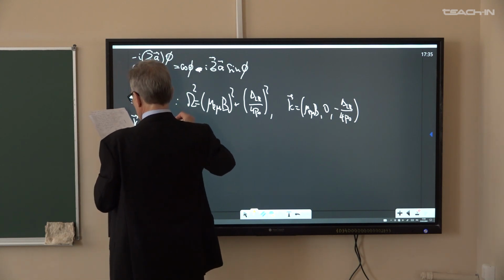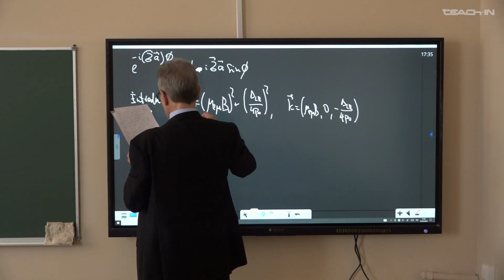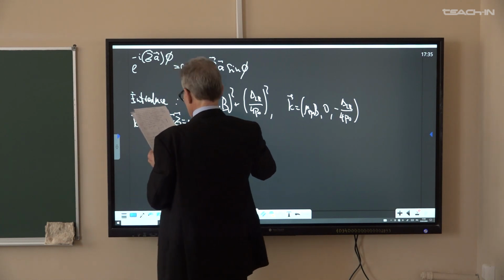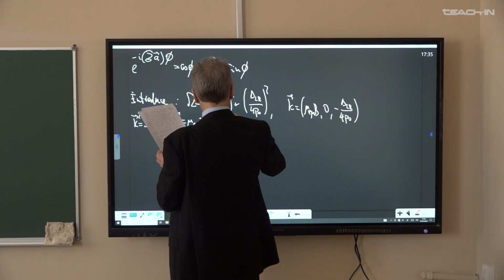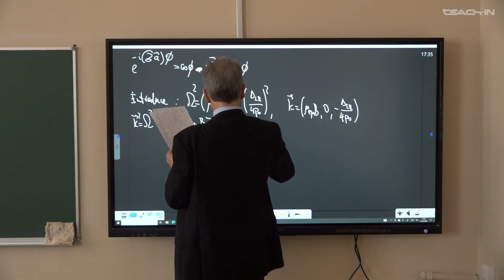Then K multiplied by sigma matrices equals exactly what we need, magnetic moment multiplied by the field sigma 1 minus delta LR divided by 4 energy sigma 3.